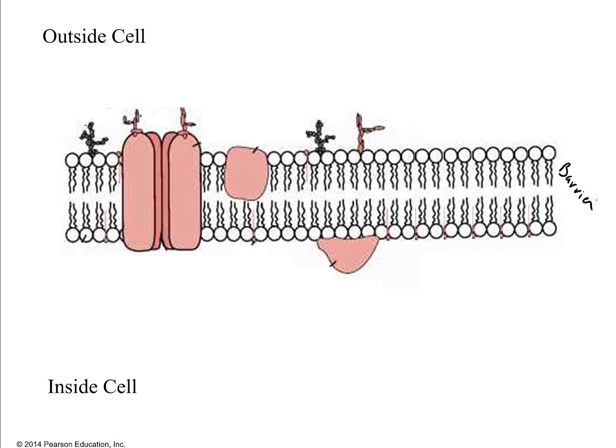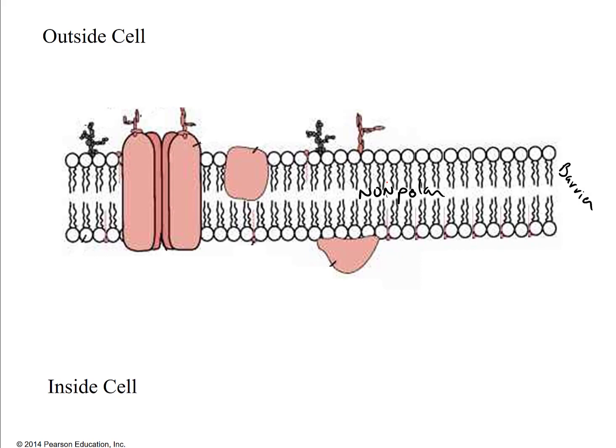The inside of the phospholipid is the nonpolar region. Nonpolar regions are not going to allow polar molecules, water molecules, or salt molecules to freely pass through, because those are all watery.